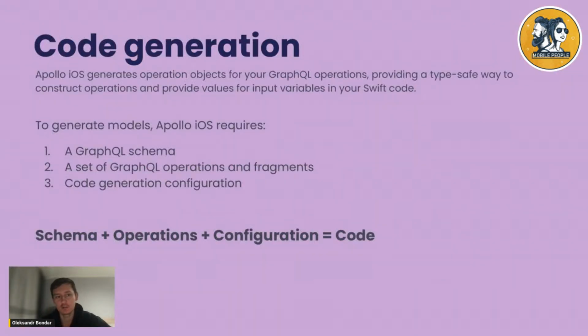Let's talk about code generation. As we already mentioned, the first thing we need is a schema. When we download the schema on our client, then we generate some operations. An operation is a query, mutation, or subscription. You have a schema, you created, for example, your query, and then you need code.